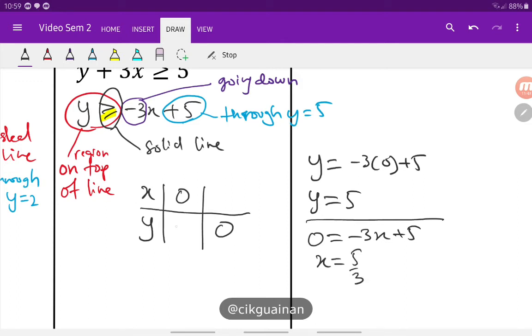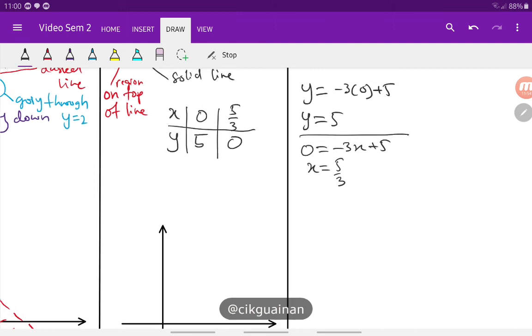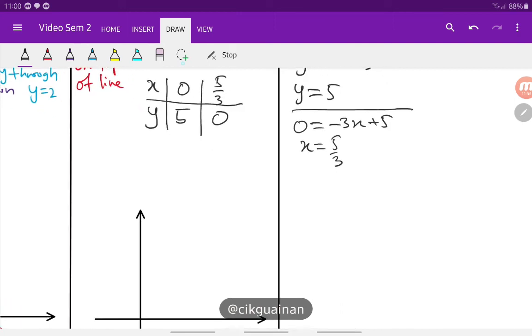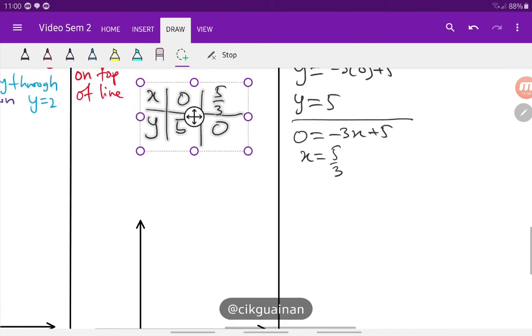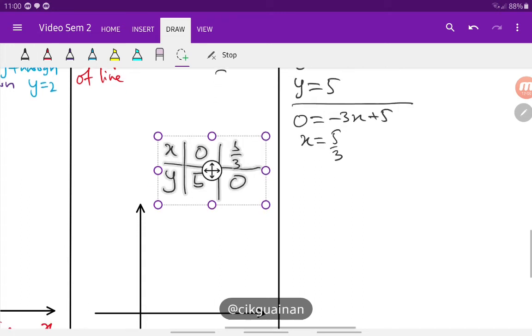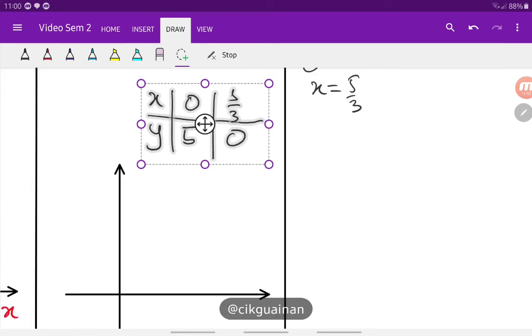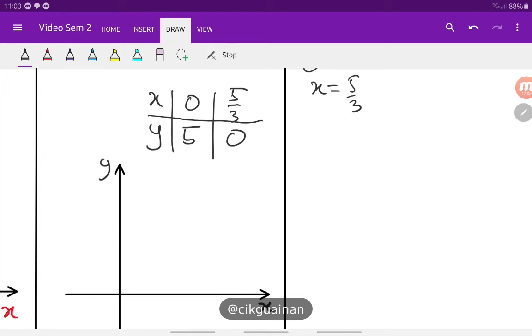Now we can bring this over here and consider this as our graph paper.